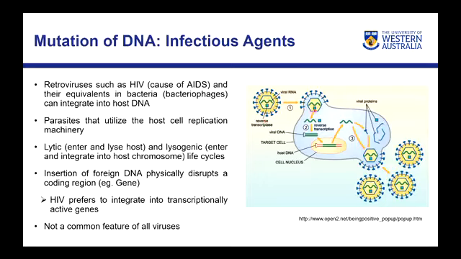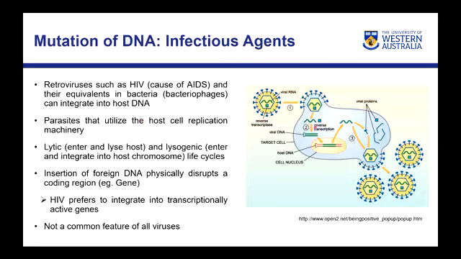So the virus infects the cell, it gets in, it releases its RNA, releases its reverse transcriptase, and undergoes a process of reverse transcription. And they're essentially parasites. They use our host cell replication machinery to do this. They can't do it on their own.